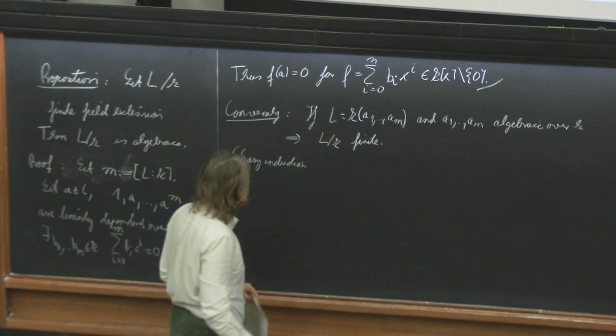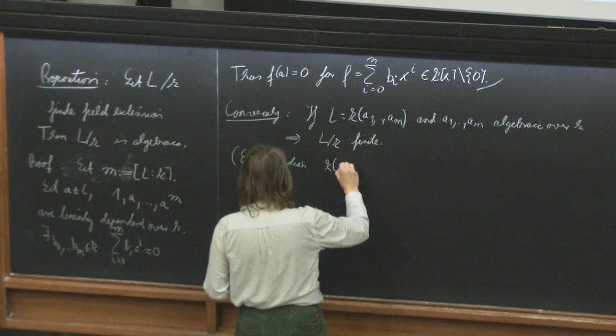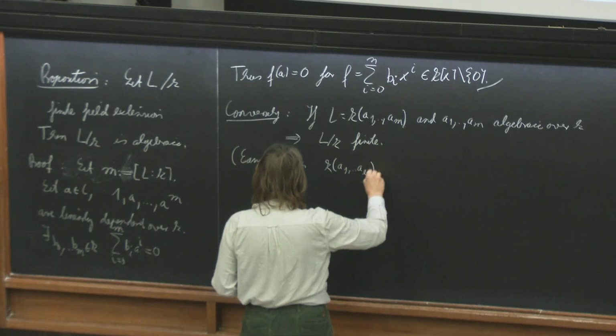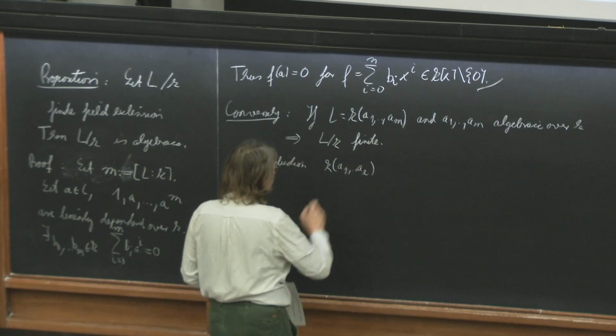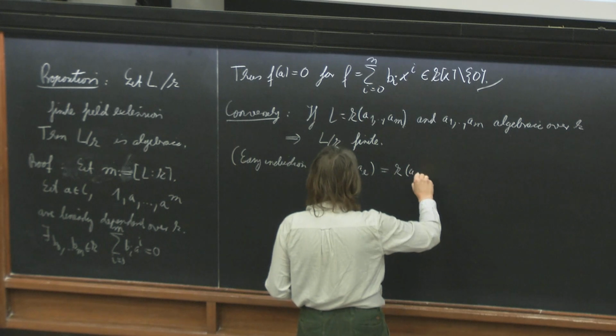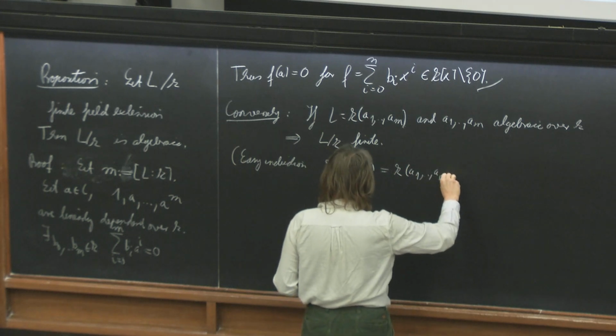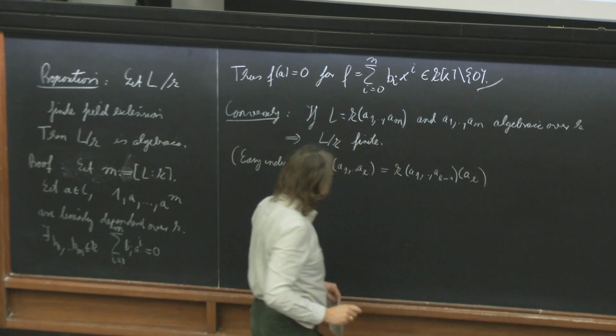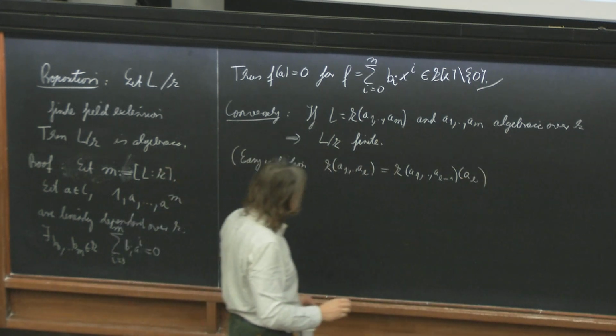So K_l, for some l between 0 and M, is equal to K(A1, ..., A_l), so we add to it this simple algebraic extension.